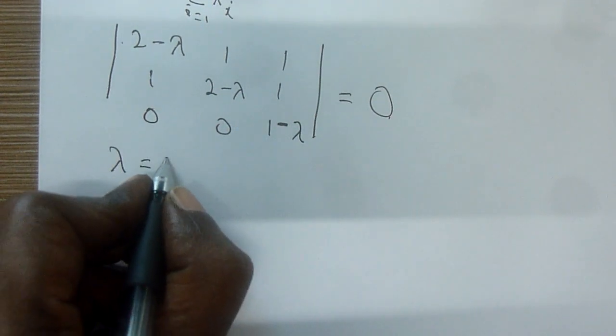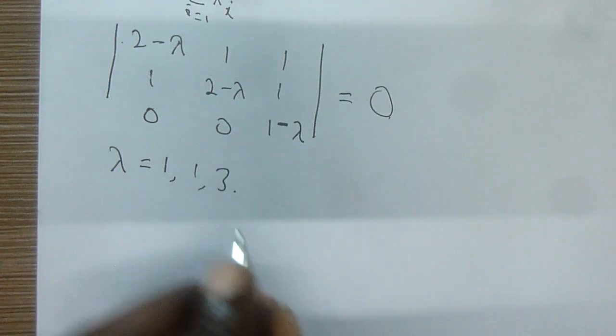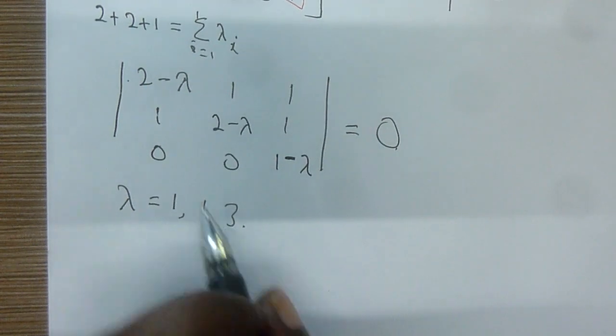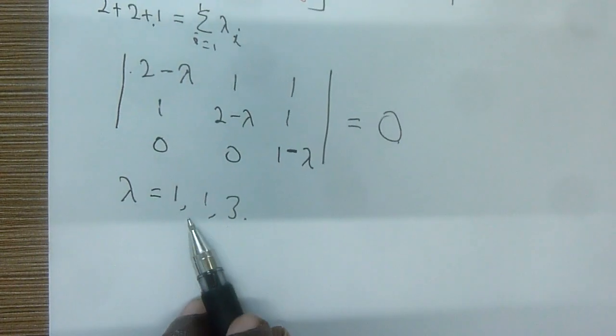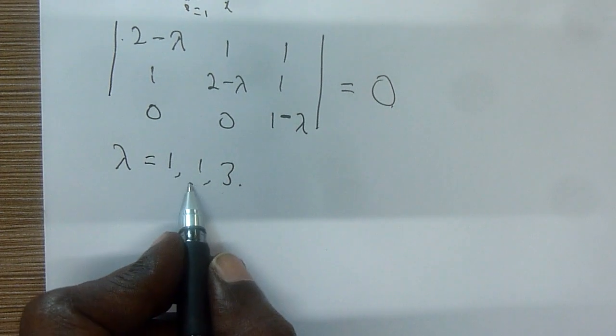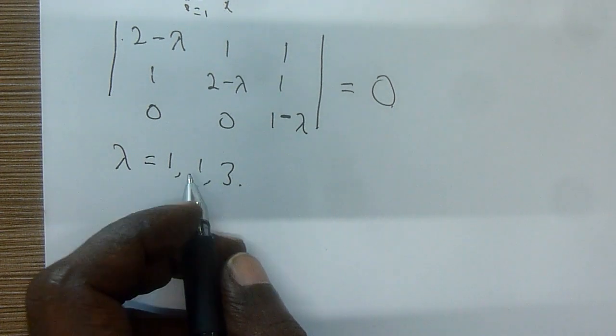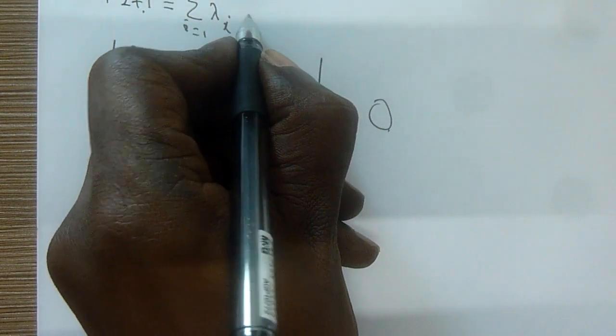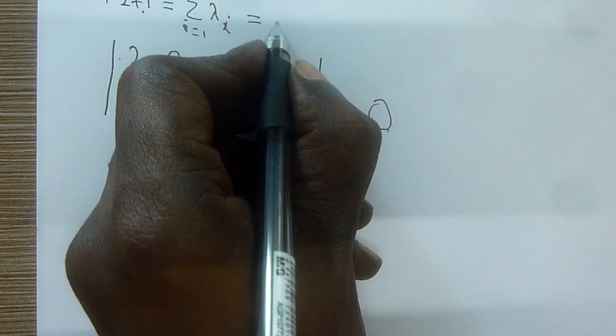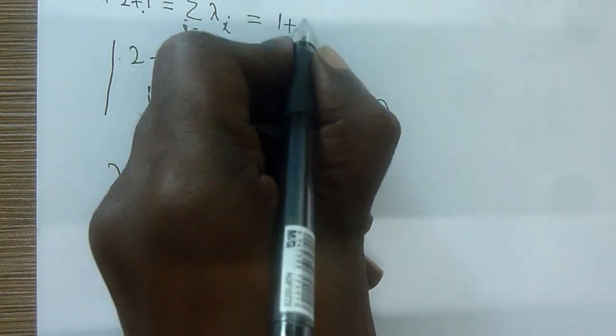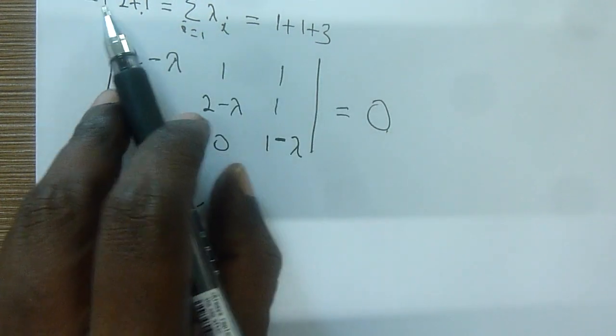The lambda answer is 1, 1, 3. Can you see this and check with this 5? Not the same. There is a repeating value here: 1 plus 1 plus 3. Are they the same?